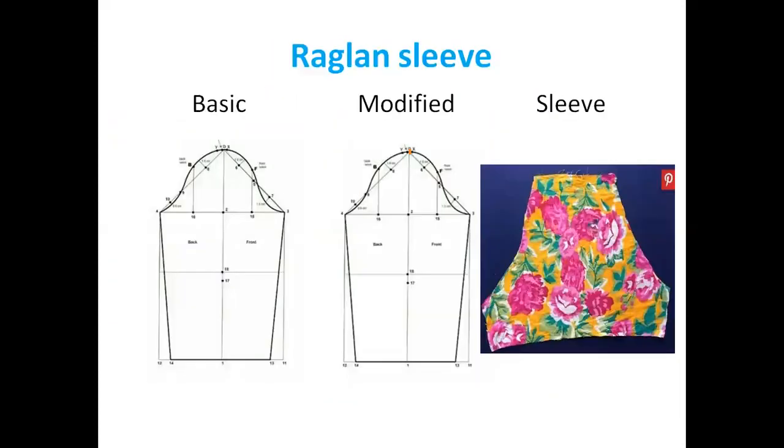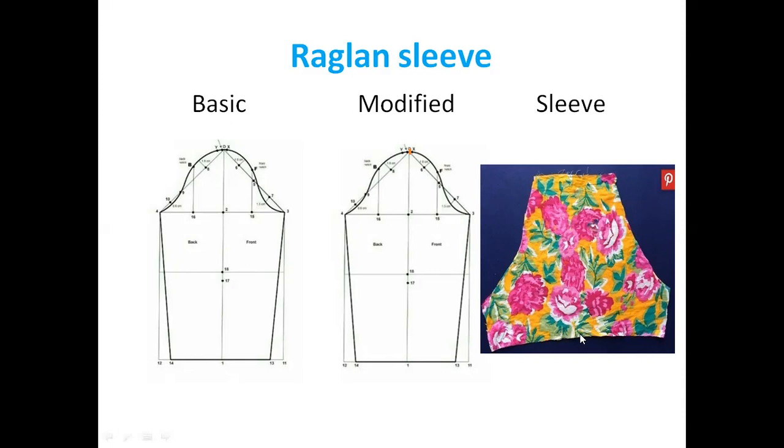Then you have to take the sleeve pattern. You have to spread the sleeve pattern fully and trace it on a large piece of paper so that you can use it to fit with the raglan pattern. In this also you have to mark the midpoint of the sleeve cap.